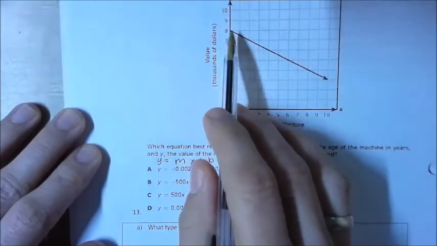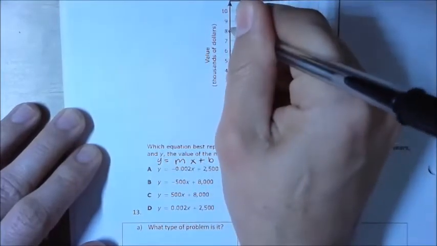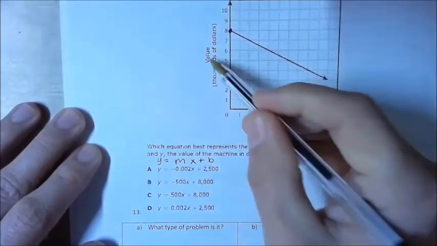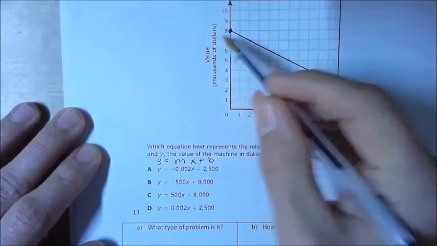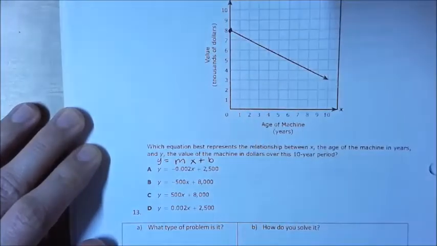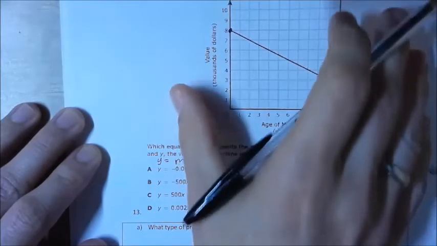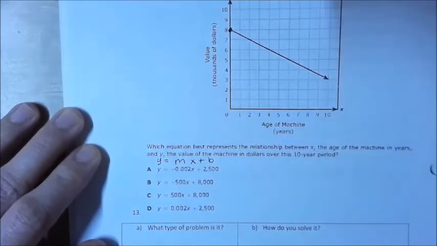It starts at a y-intercept of positive 8, which is our value in thousands of dollars. So it wants us to form an equation that represents what we see in the graph. With that being said, we just need to find our slope and our y-intercept, and we're good to go.